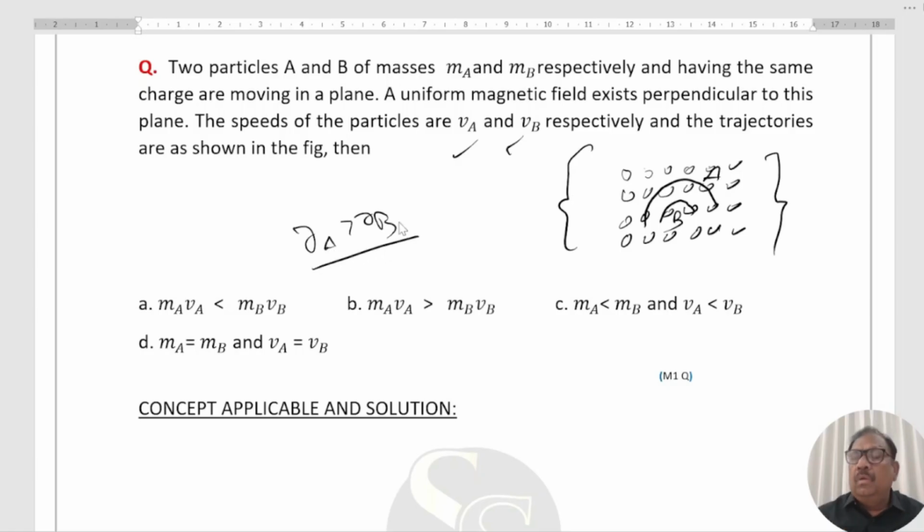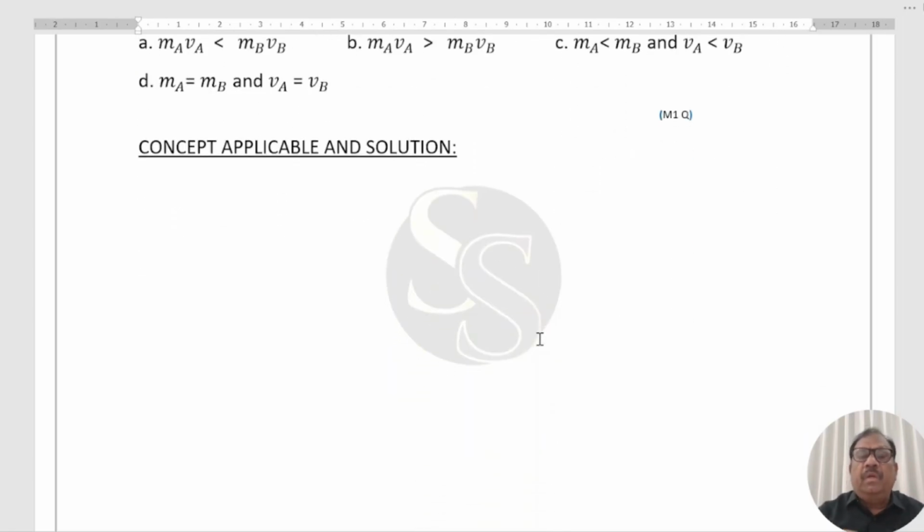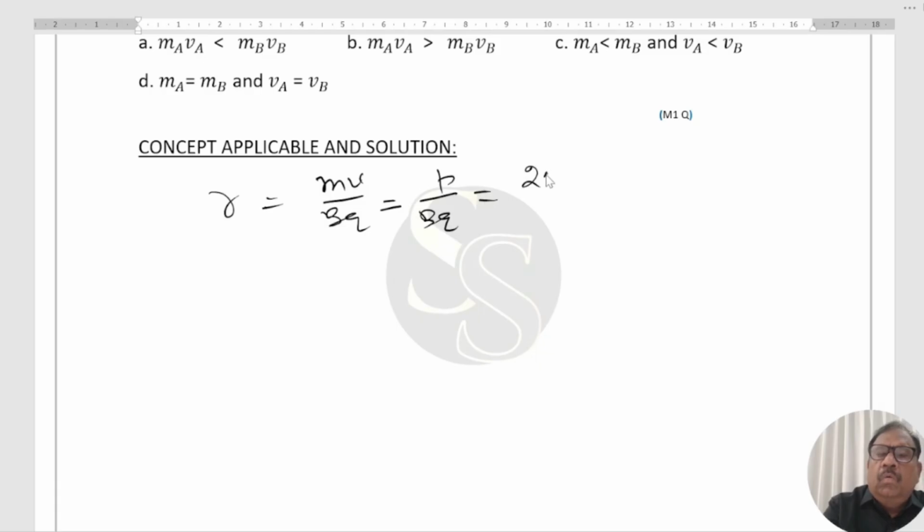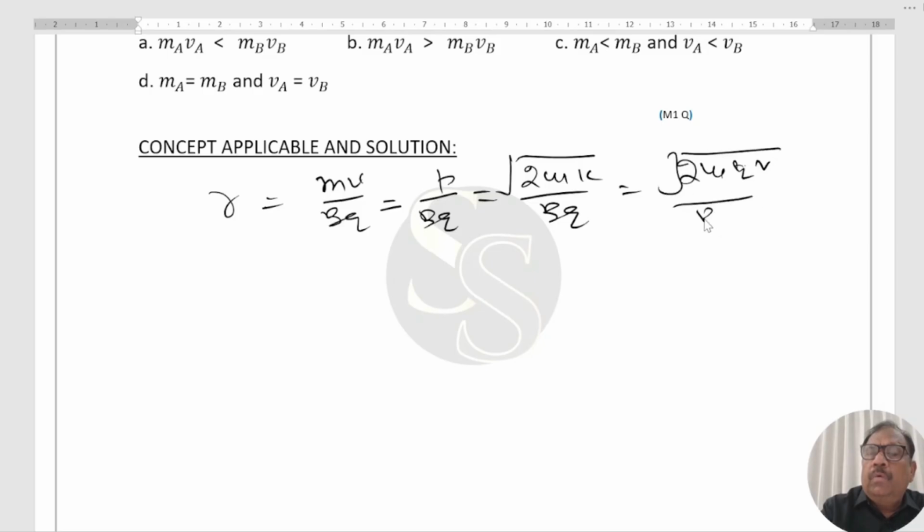Right? You know, when a charged particle enters a uniform magnetic field at an angle theta, then R equal to mv by bq, or P over bq, or root of 2mK over bq, or 2 m q V upon bq.